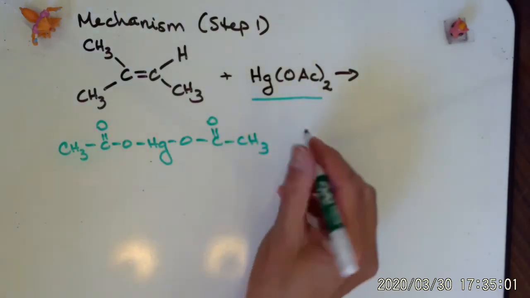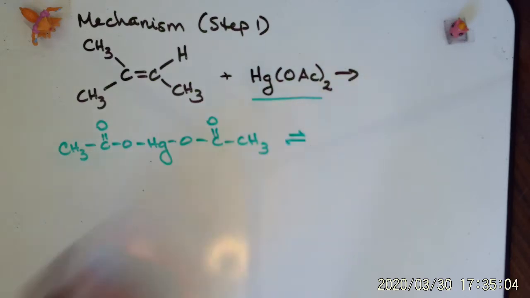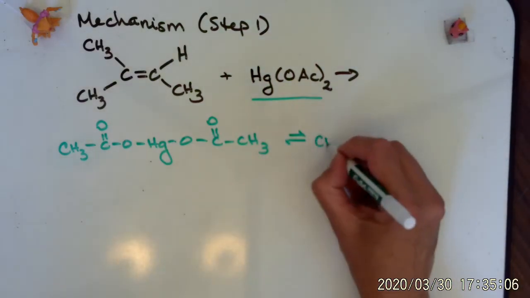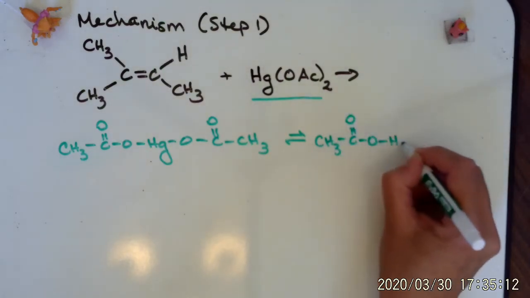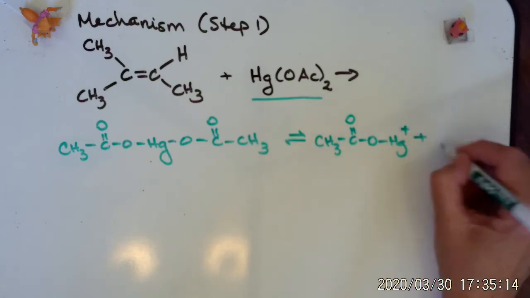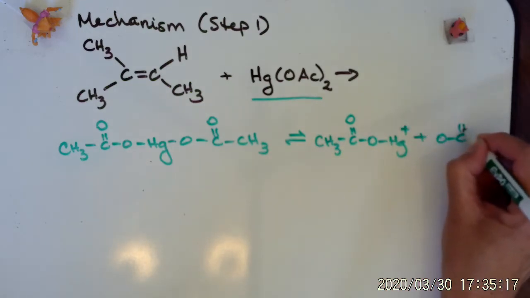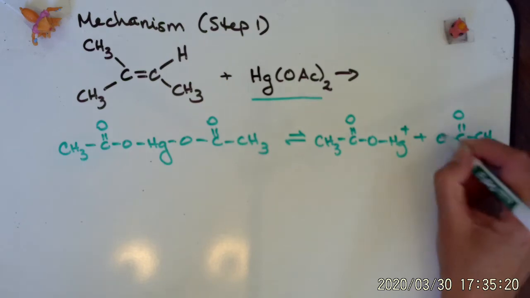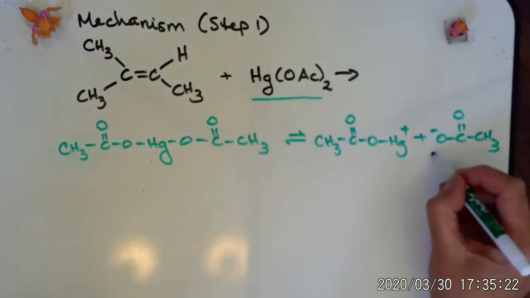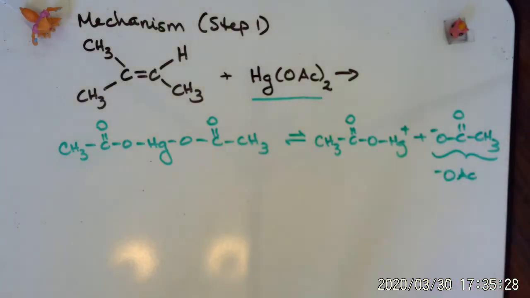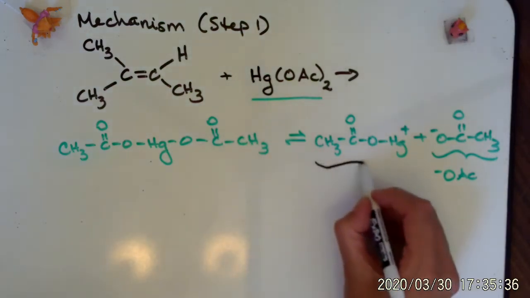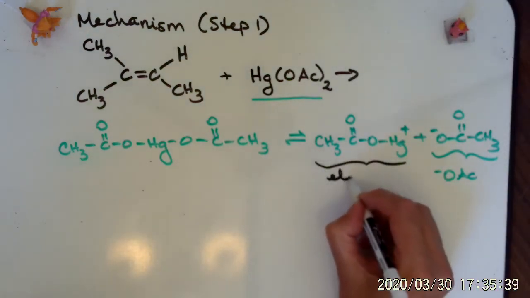This is actually in equilibrium with my cation and my acetate. And this, as I designated earlier, is the abbreviation for an acetate. As you can see, with this being my positive charge, this acts as my electrophile.